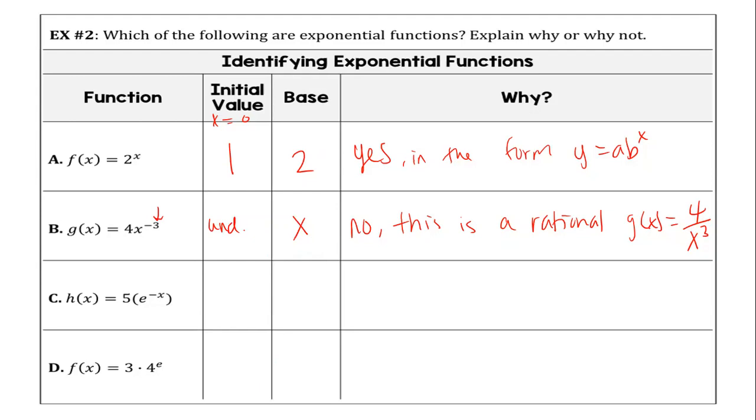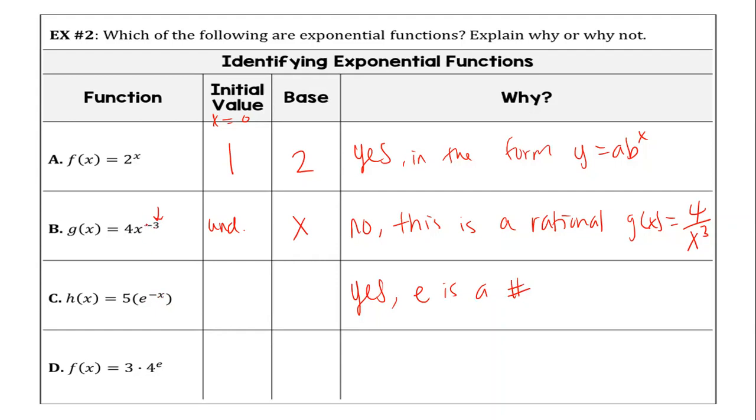Okay, what about this one? Is 5 times e to the negative x an exponential? E is a number. That negative x right here, that's fine.